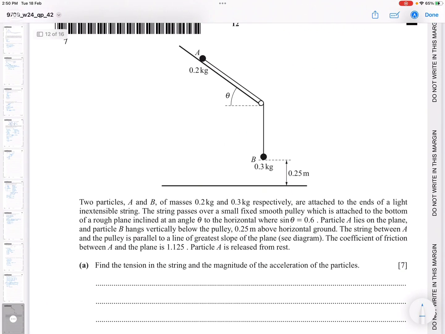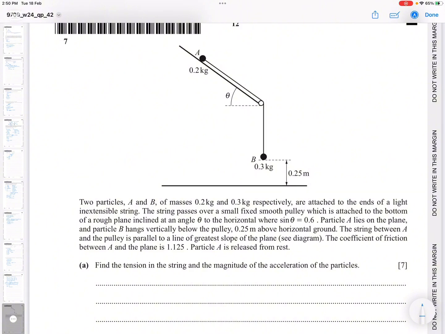Question number 7. Two particles A and B of masses 0.2 kg and 0.3 kg respectively are attached to the ends of a light inextensible string. The string passes over a small fixed smooth pulley which is attached to the bottom of a rough plane inclined at an angle theta to the horizontal where sine theta is equal to 0.6.